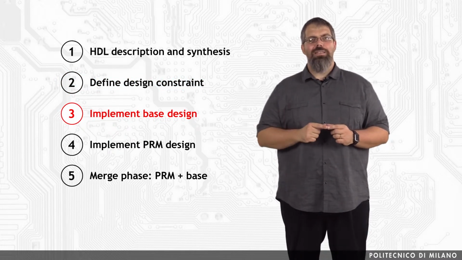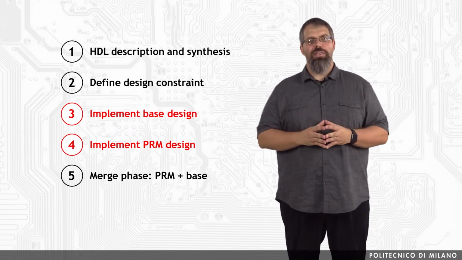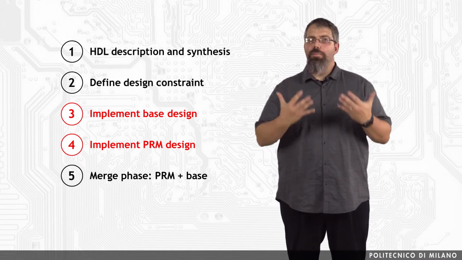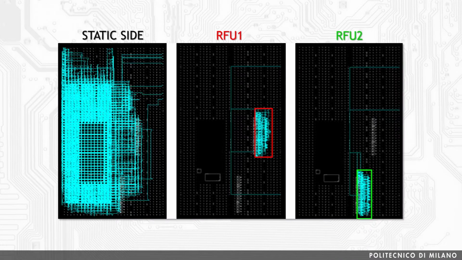The implement base design and the implement PRM design are two similar phases. In fact, they are both implementing the same action but on different elements. This figure is presenting you the results of these two phases. They are both implementation phases, which means that we are going to go through the technology mapping and the place and route phases with both of them.